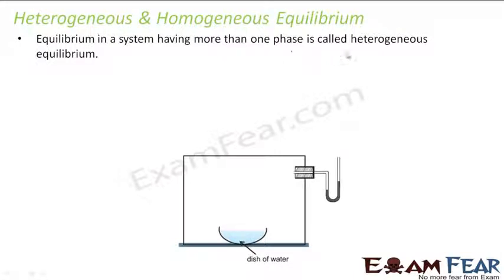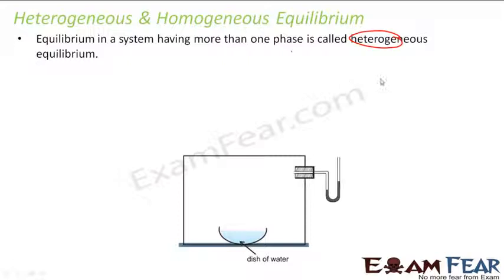In most cases we have more than one phase, and the one which has only one single phase, maybe everything is solid or everything is gas or everything is liquid, in that case it is homogeneous. But in equilibrium where you have some of the components aqueous, some liquid, some gas, they are called heterogeneous equilibrium.